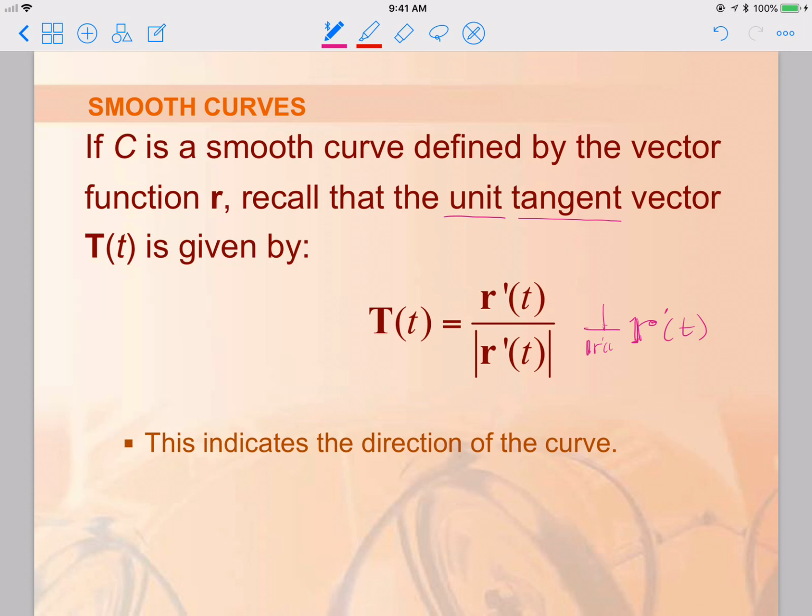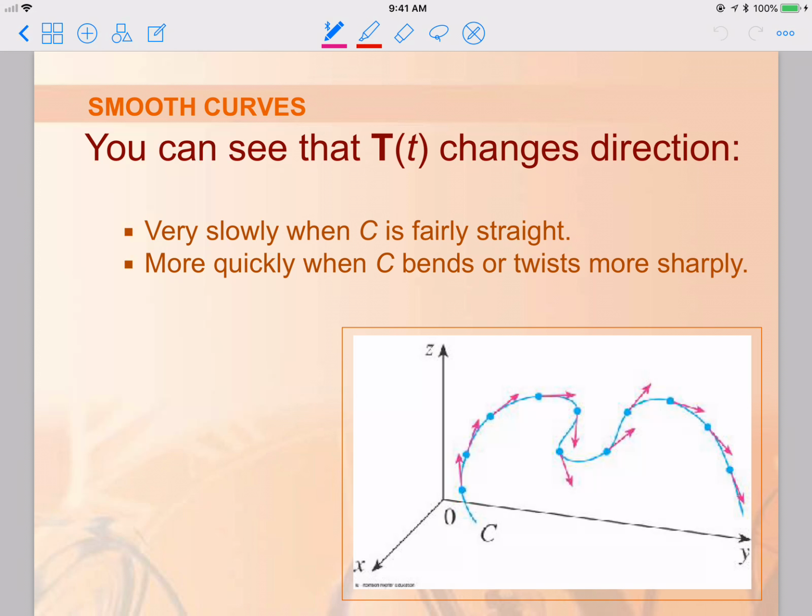So we're normalizing that, scaling that derivative function by this factor so that the result is a unit vector, number one, but it has the same direction as r prime, so it is tangent. Okay, so remember that formula.